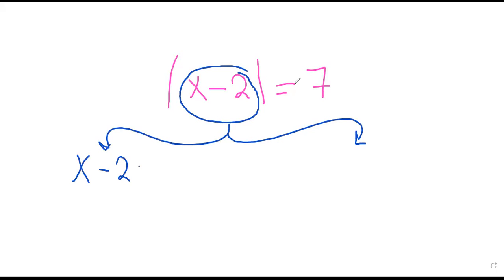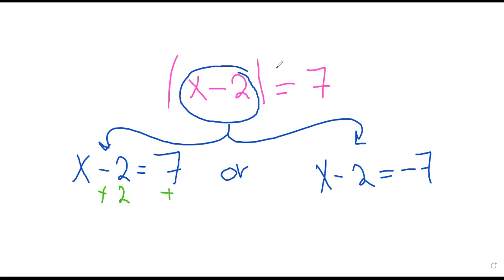Either x minus 2 is equal to positive 7 or x minus 2, again, the expression inside the absolute value, is equal to negative 7. So we have two cases here. As you see here, we have two simple equations. I can solve them easily.